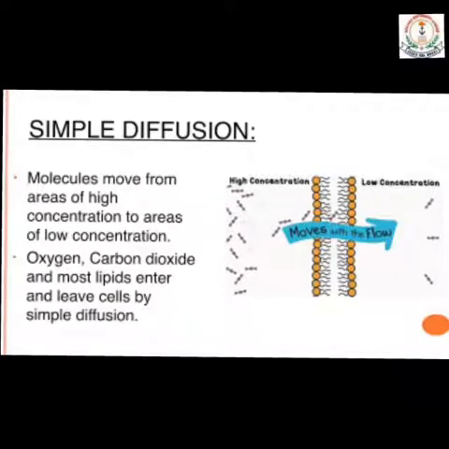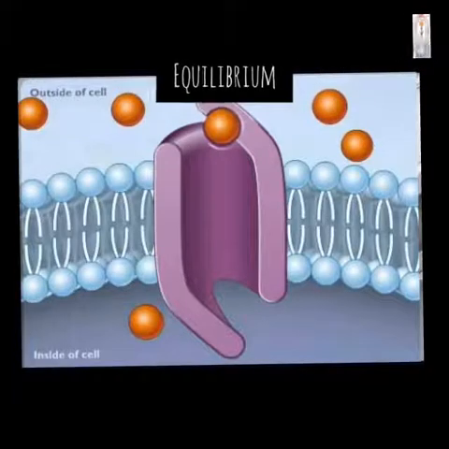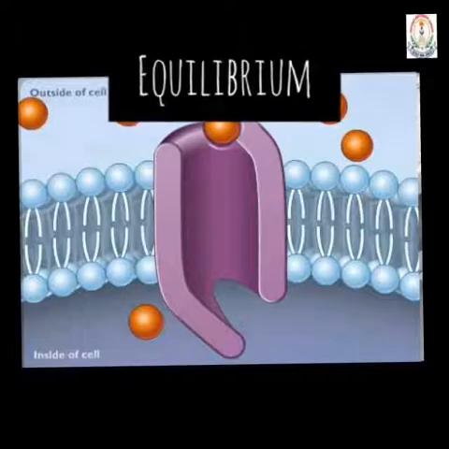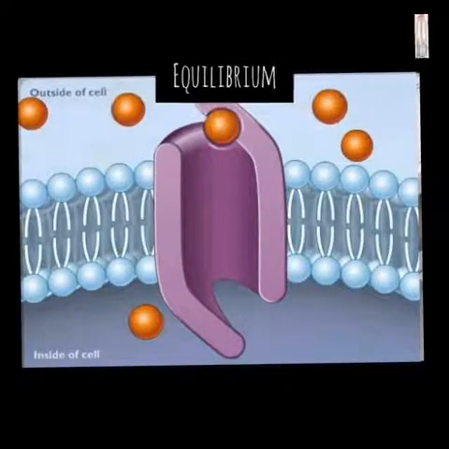The molecules will move towards the lower concentration area. And the sooner they move to the lower concentration area, the equilibrium will become balanced, the number of molecules in both areas becomes similar and equilibrium is established.